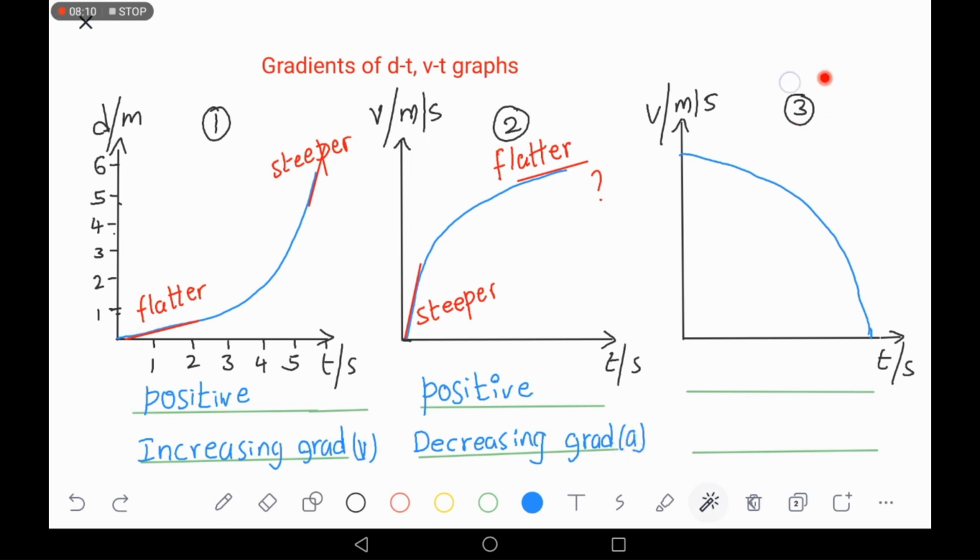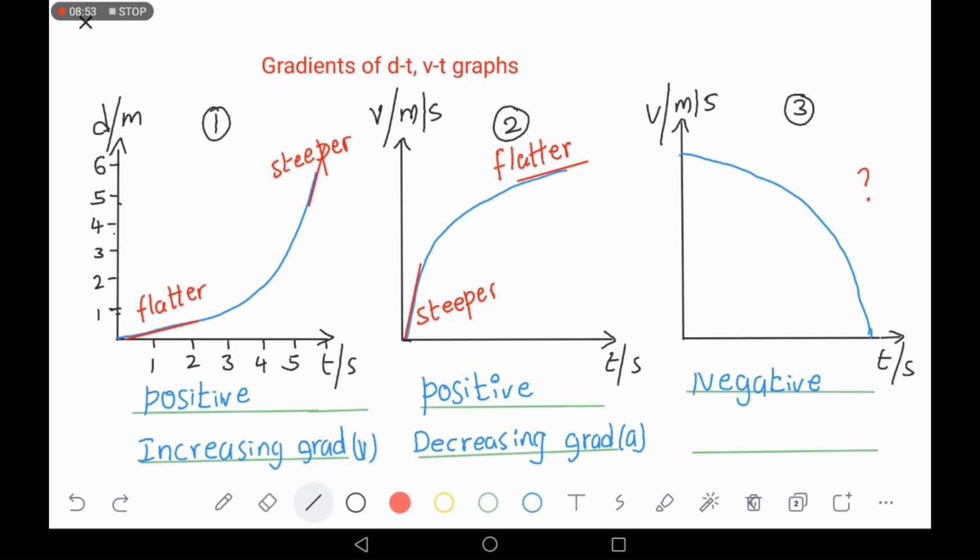Let's move on to the third graph, which is velocity time again. We check whether it is positive or negative. It is negative because the graph line is going downward. So any gradient which is going downward or showing a declining trend is a negative gradient. Now we will look for whether it is an increasing or decreasing gradient.